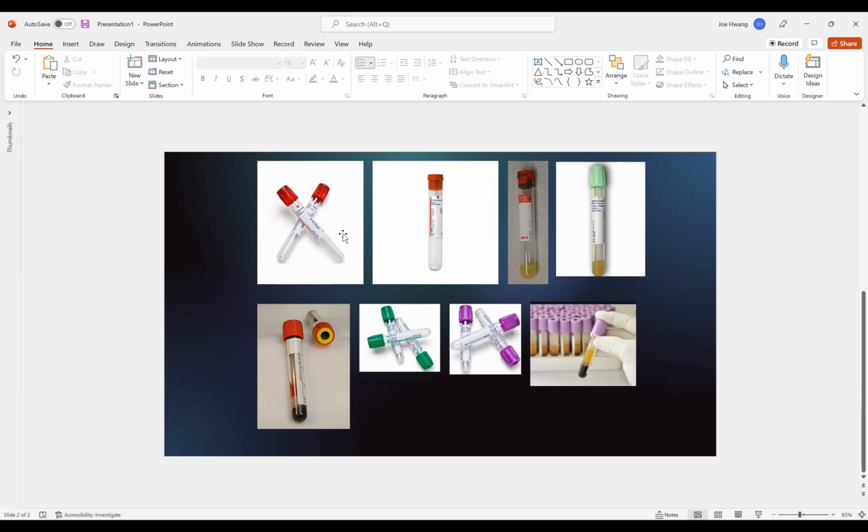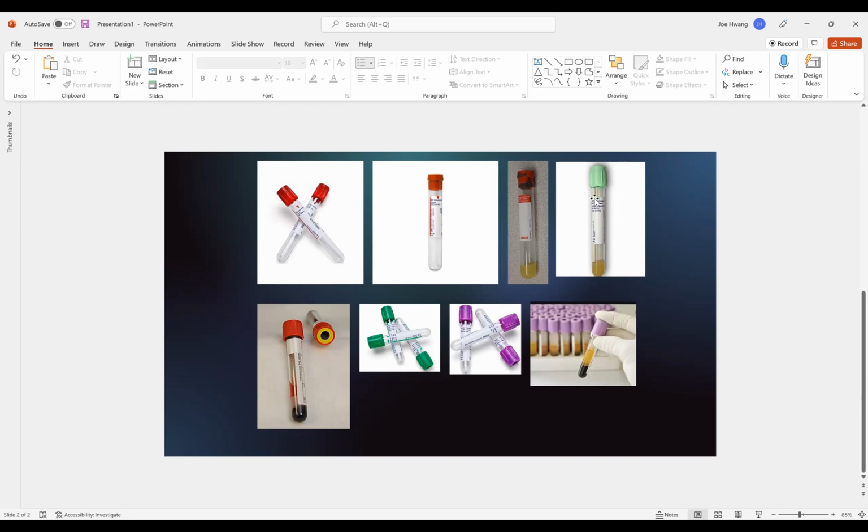Let's say you have to pipette it off because the gel barrier would remix, since there's no gel barrier. Good, perfect. Really, the whole point of separating it out is so that the red blood cells do not touch the liquid part anymore. So yes, if it does not have a gel barrier, whether it's serum or plasma, you have to pipette it off into a transport tube.